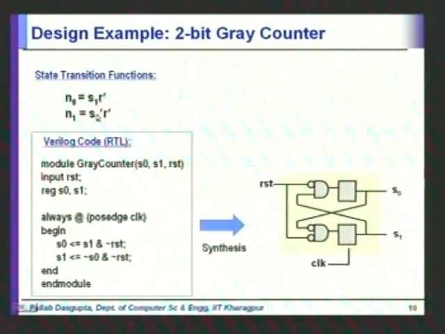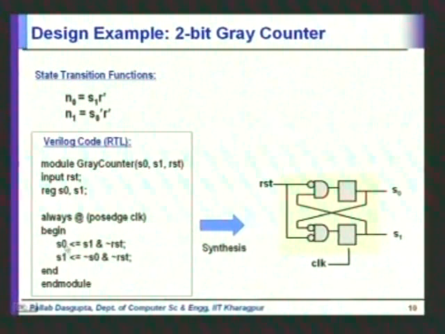Now, given the state transition functions, we can write Verilog code at the register transfer level as follows, which says that gray counter is a module which has S0, S1 and reset. RST is an input, and S0 and S1 are registers. Always at posedge clock: whenever there is a positive edge of the clock, this is what we are going to do.